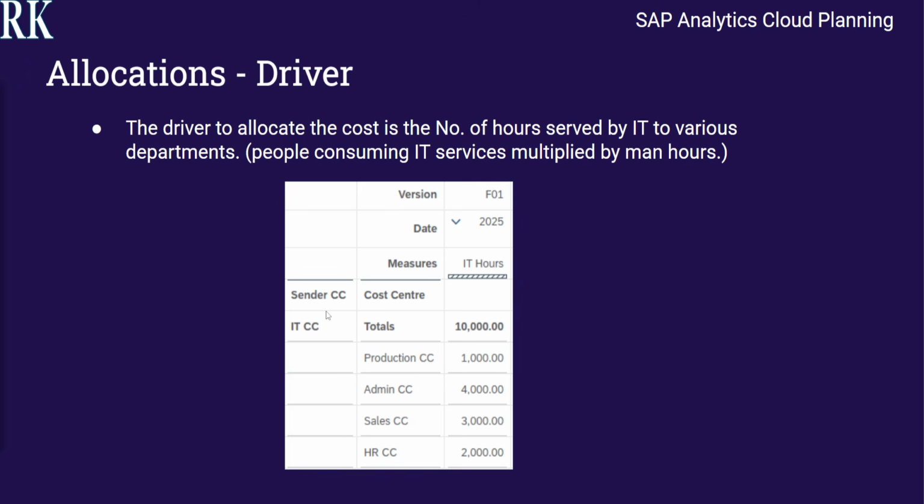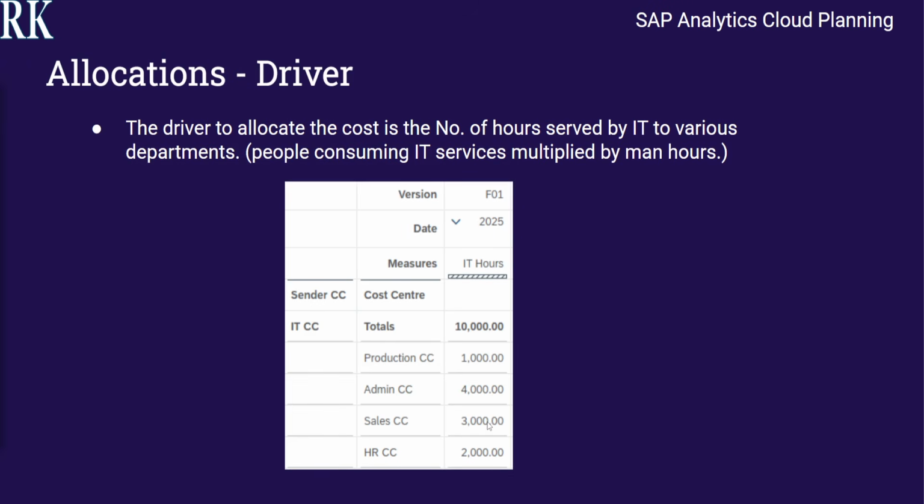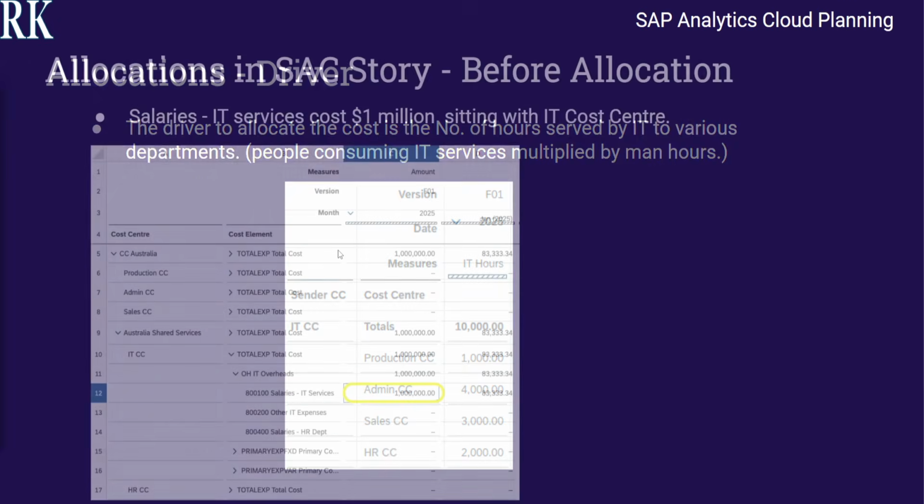In that model, we are capturing the sender cost center and the receiving cost center that is receiving the IT services. So we maintain these driver values in a model and we'll copy those driver values to our cost center model.